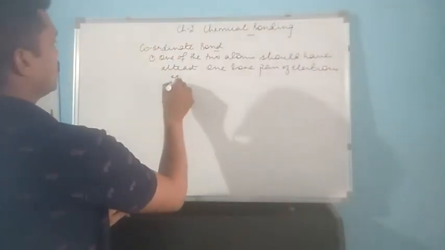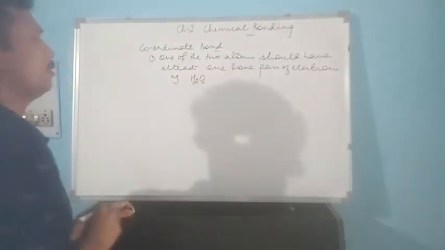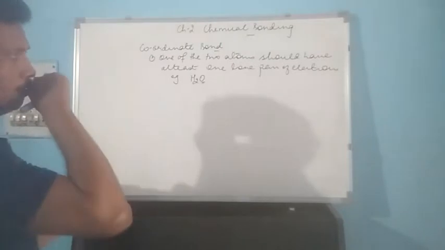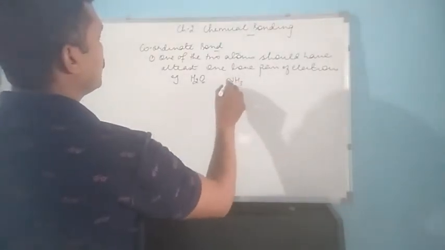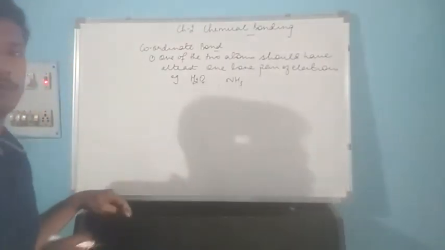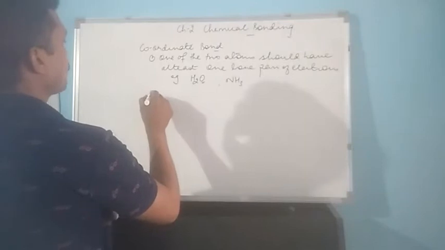For example, like in H2O, oxygen has a lone pair of electrons. Then ammonia NH3, nitrogen has another lone pair of electrons. So this is the first condition.